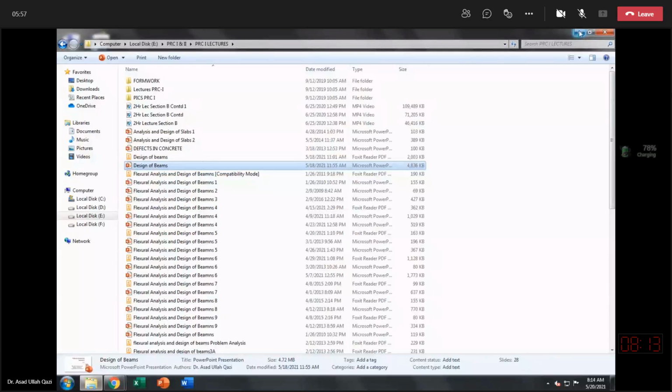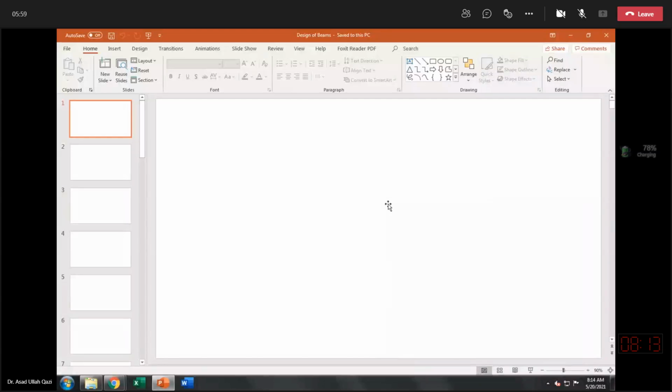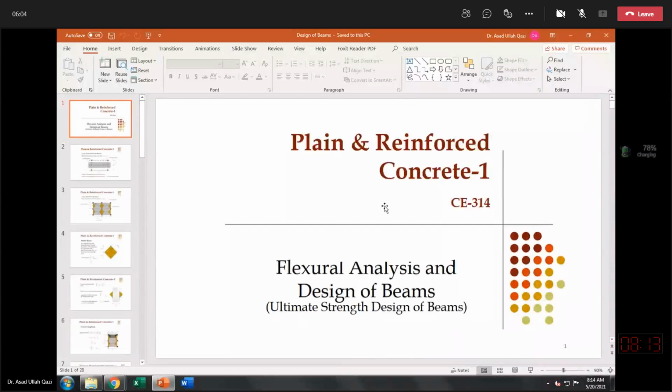So in today's lecture we want to first estimate the load carried by the beam, and then after getting load on the beam we want to design it. And one actual slab system in which beams are present, we want to solve that kind of problem, a room slab and that slab has beams.